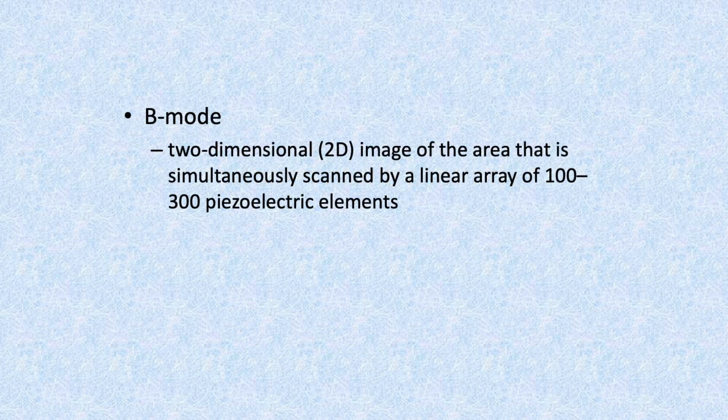So, modes. When you use ultrasound, you also need to understand there are certain modes that you can utilize to either improve your image or to differentiate whether that is a vessel, or whether there's an artery or vein in the way. The B mode is just the usual mode that we always use, the basic two-dimensional image that is produced on the ultrasound.